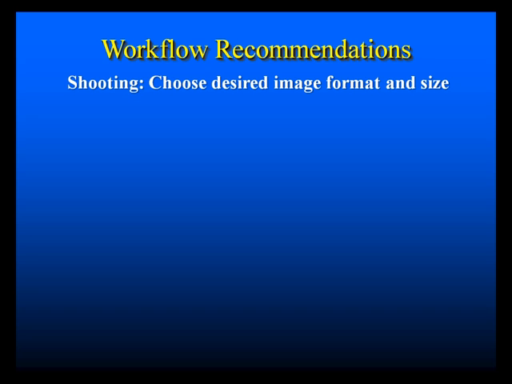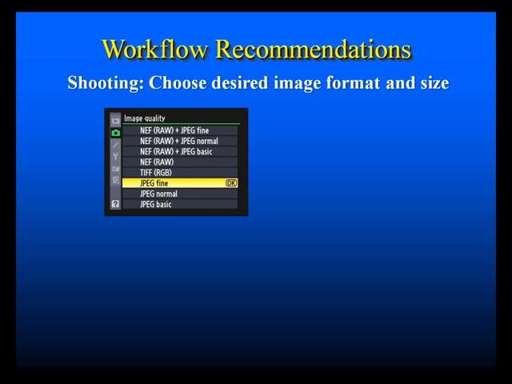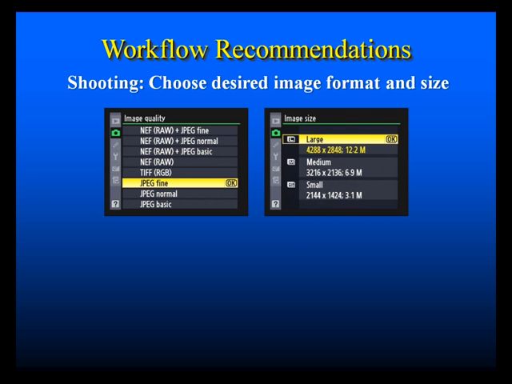Next, I like to choose my image format and the actual size. Typically I shoot in JPEG Fine, which means that it's less compressed and the best image quality in the JPEGs here. I always like to shoot at the largest size that your camera will offer. You can always compress down later, but you can never gain size if you shoot in medium or small.